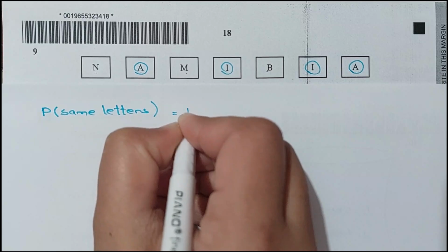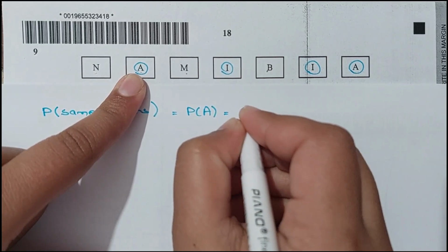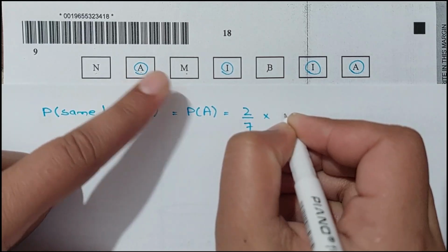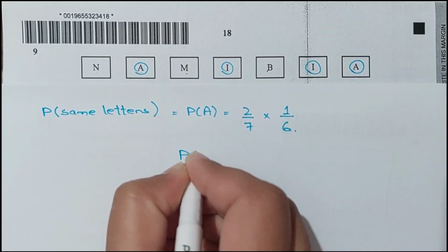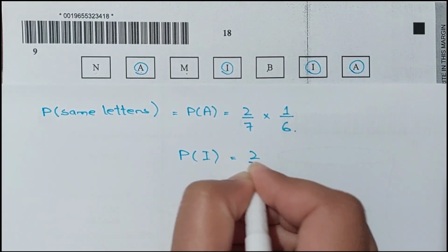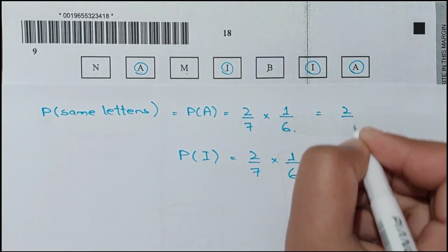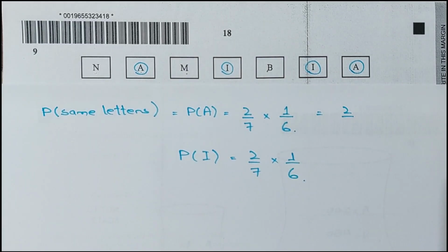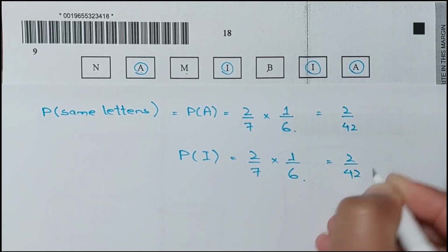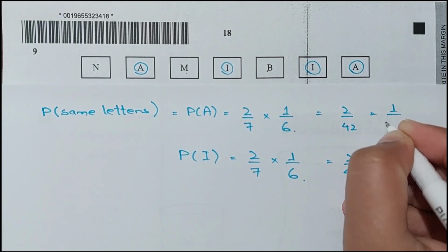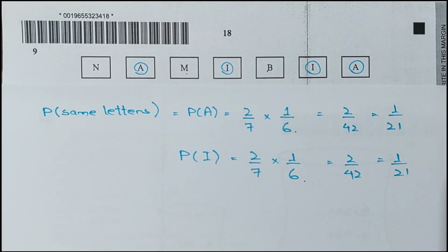The probability of the letter A: the first card, there are 2 A's out of 7, multiply, 1 is already picked, so 1 A is left out of 6. And then the probability of letter I. There are 2 I's out of 7 and now 1 I is left out of 6. 2 and 7 times 6 is 42. So this is 2 out of 42, or we can say 1 over 21. 1 over 21, because 2 times 2 is 4, 2 times 1 is 2.